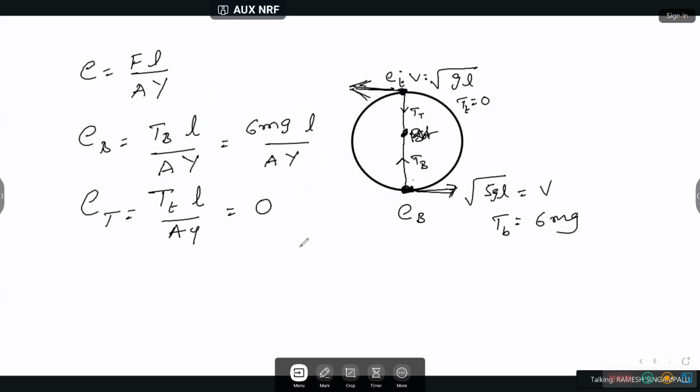Next, listen. Rigidity modulus, put a star mark and write down.